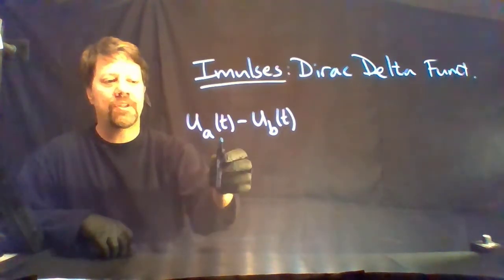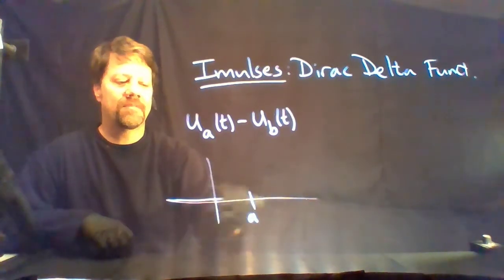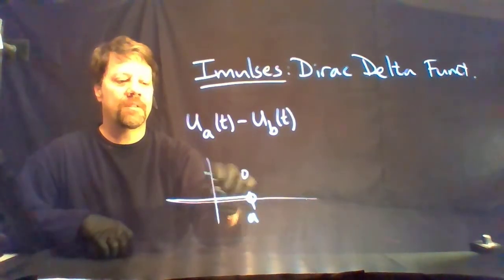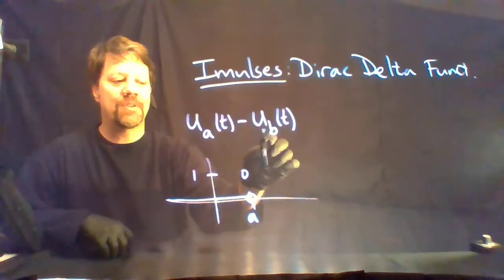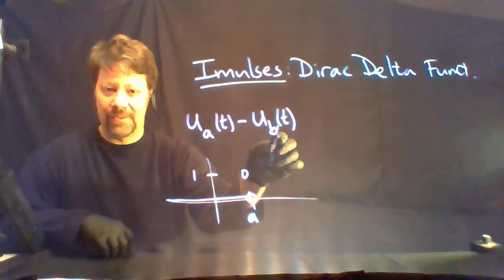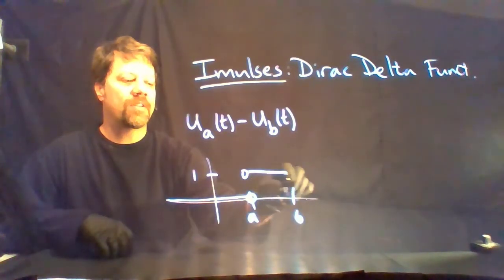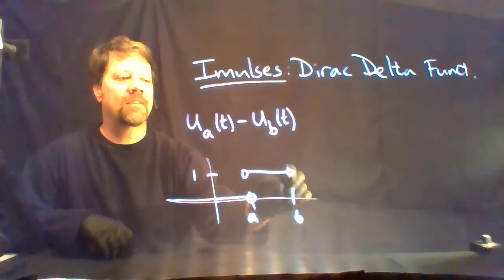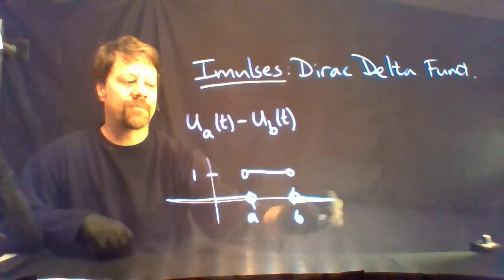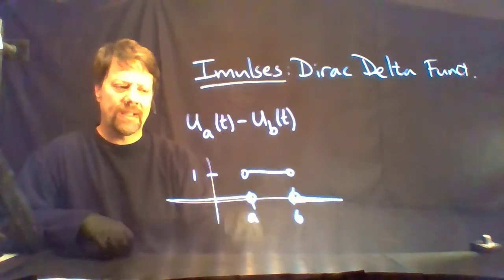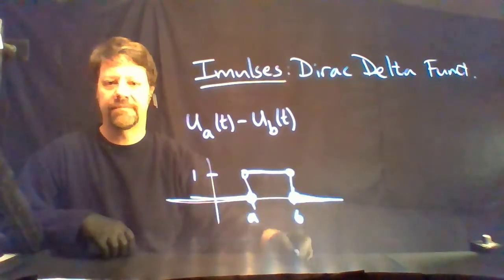This is like a switch that is off until A, where it jumps up to a height of 1. We're subtracting what happens if we flip another negative switch at B. So this is going to be 1 until you get to B. Once you get to B, it's 1 minus 1, bringing it back down to 0. In this way, we can model a digital square wave.